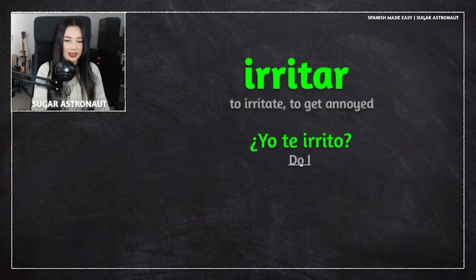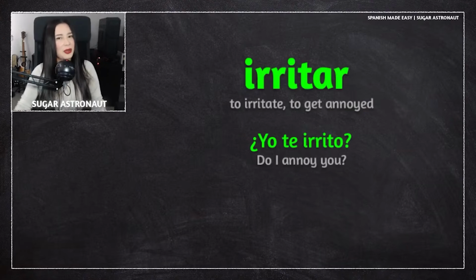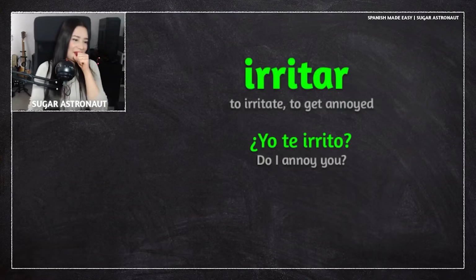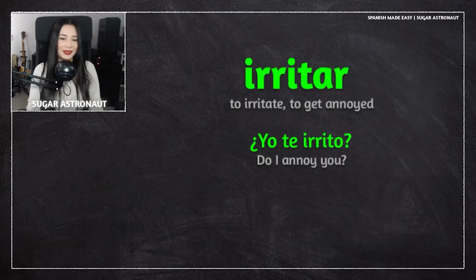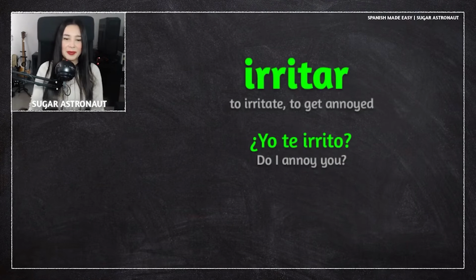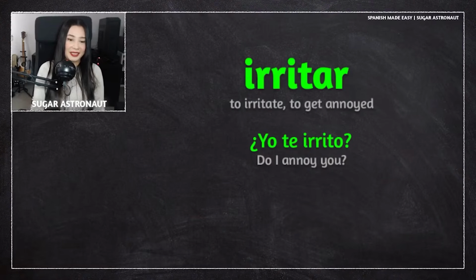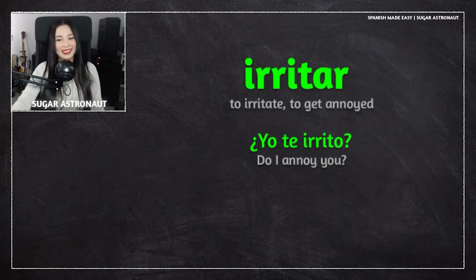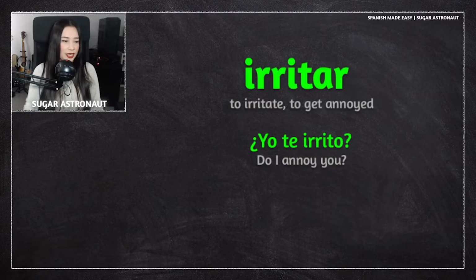Do I annoy you? This is a very good verb that means just to get annoyed, or in this case you're annoying someone. So yo te irrito. Do I annoy you? So it's a very good verb.